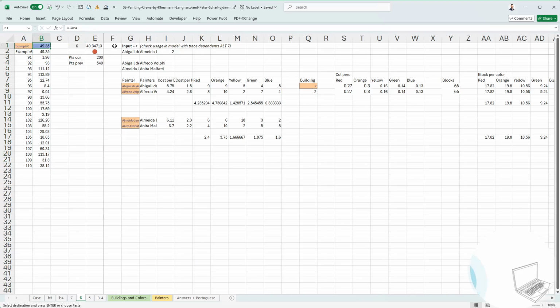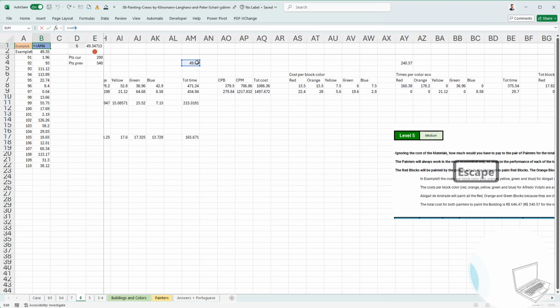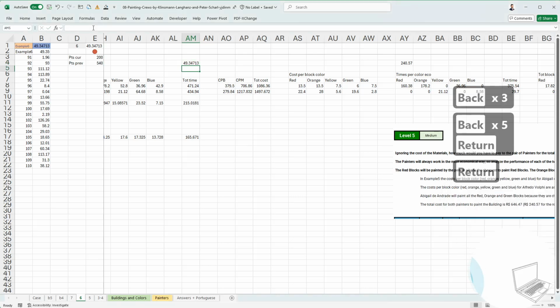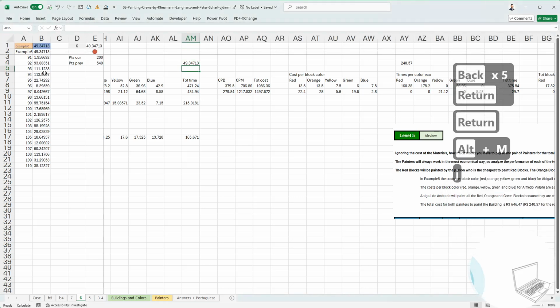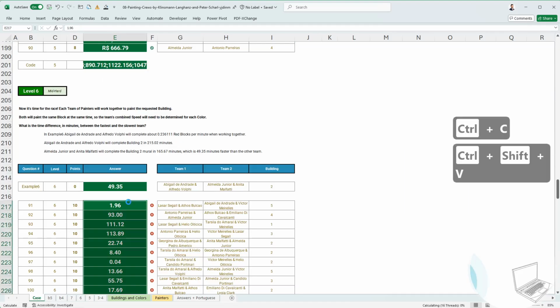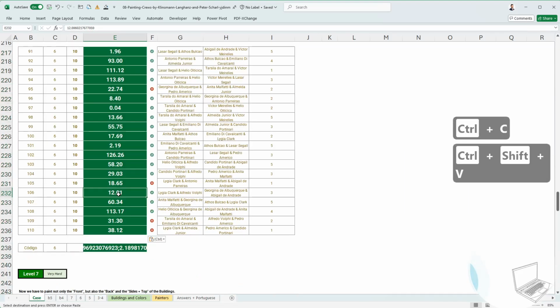I put a rounding here. Can you believe that? Yeah, it was the rounding.